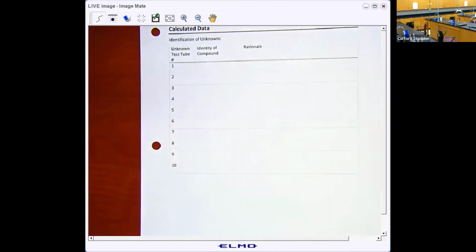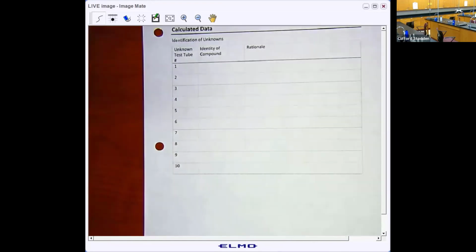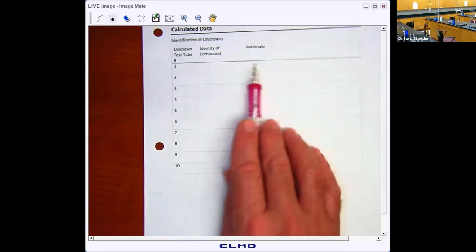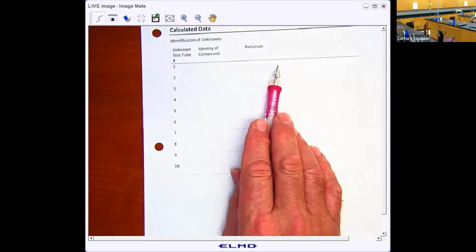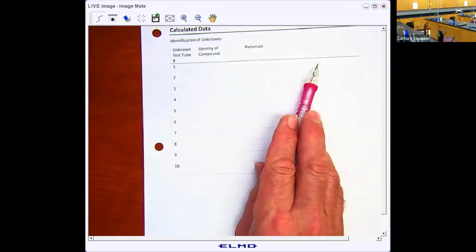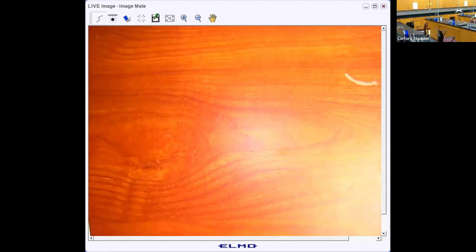So if you identified the silver nitrate because it turned white when you added hydrochloric acid to it, put that down here as your rationale. Or if you identified sodium hydroxide because you got a brown precipitate when you added it to silver nitrate, put down something like NaOH plus AgNO3 gave brown precipitate. Next week is when you'll be collecting the data you'll need for 1 through 10 on this sheet.